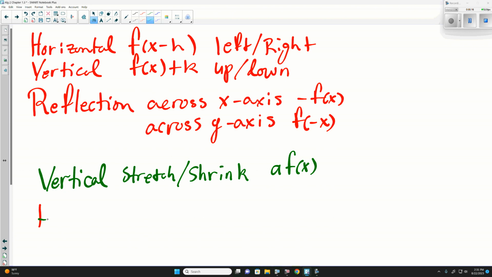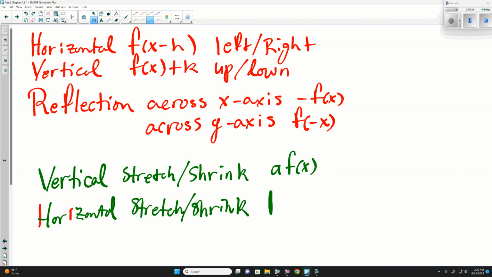Now the other one we have is horizontal stretch or shrink, and this one is going to be f of a times x. We have to flip the value, because inside the parentheses it's going to be the opposite of what we think.